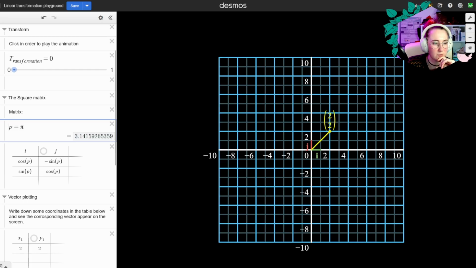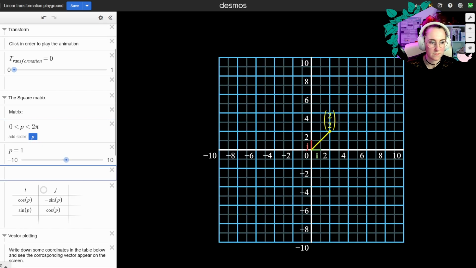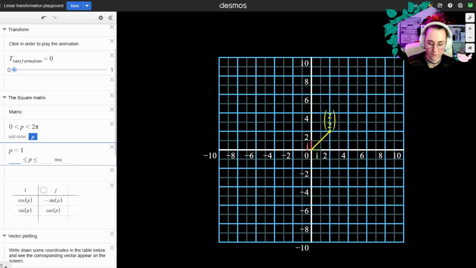If I knew how Desmos worked. Oh yeah, 0 less than p less than 2 pi. All right, set that to 1.